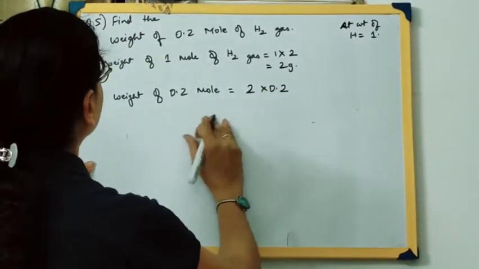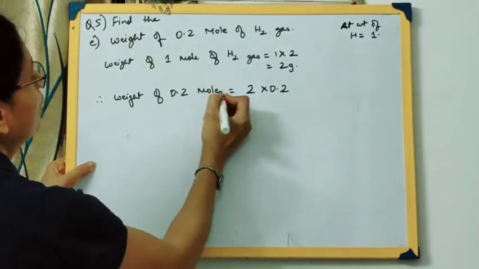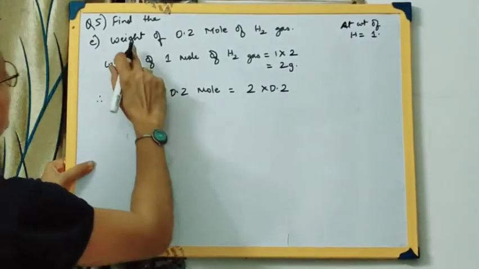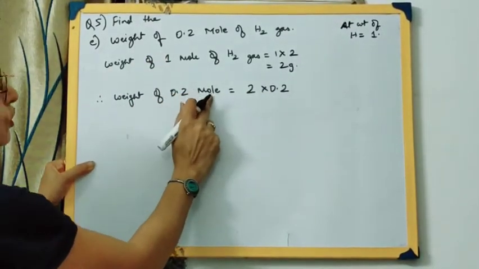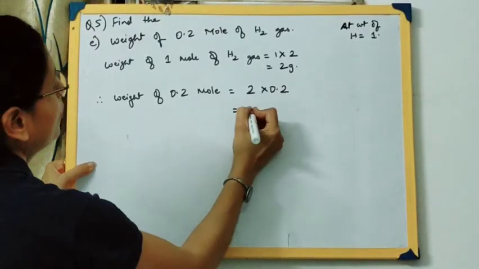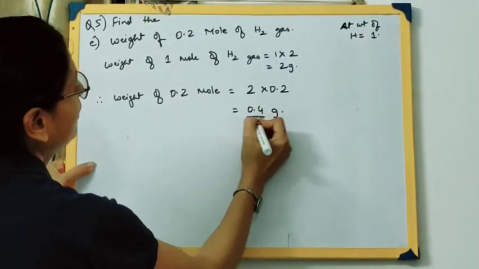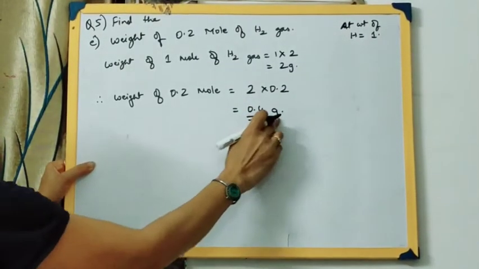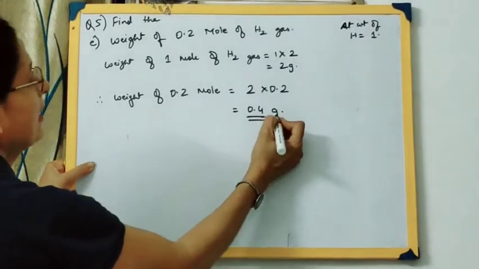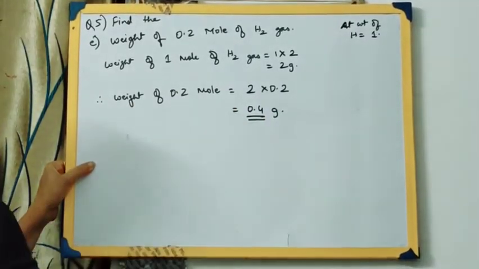That is the weight of 0.2 mole, which is 2 into 0.2, that is 0.4 grams. This will be in grams because we are finding out the weight.